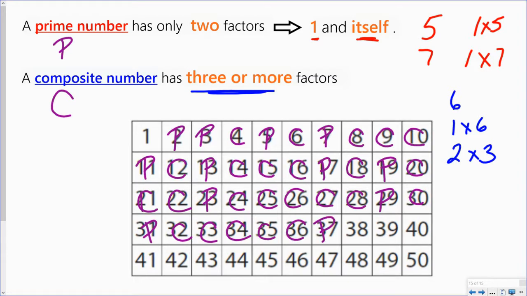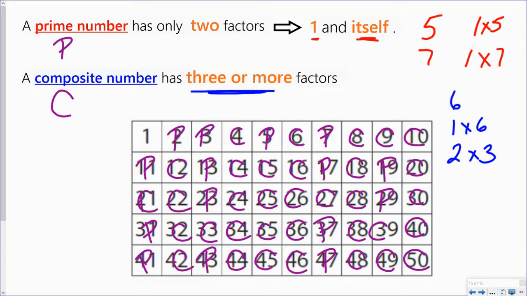Here's a prime one. Here's a composite, and a composite, and a composite. 41 is prime. 42 is composite. 43 is prime. 44 composite, composite, composite, prime, and then composite, composite, and composite.